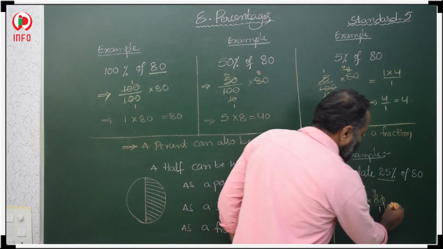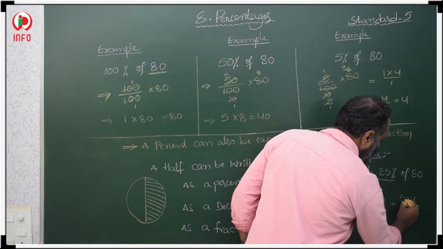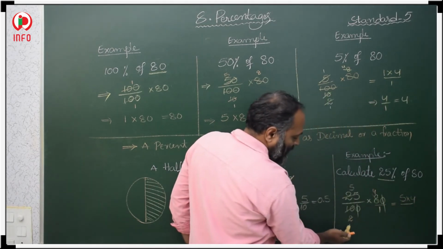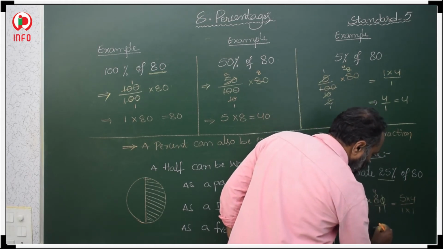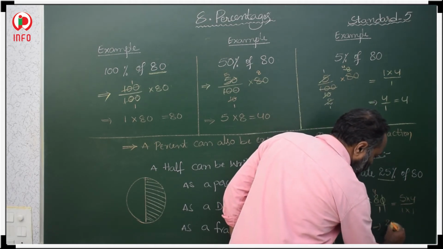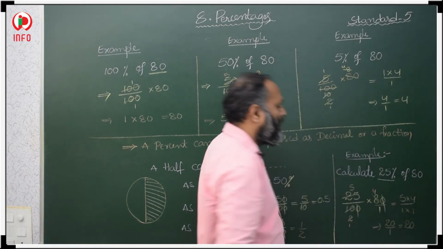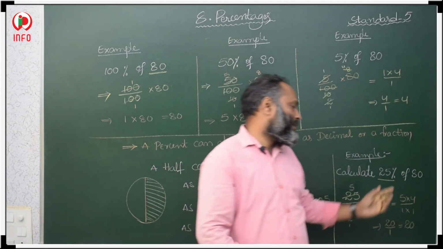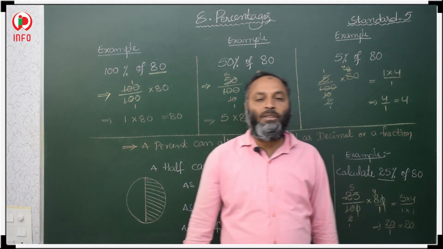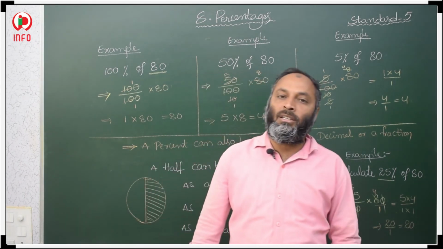Now what is left in the numerator? 5 into 4 by the denominator 1 into 1. 5 4s are 20, 20 by 1 means 20. In 80 grids, if you are asked to shade 25%, it means 20 grids we have to shade. How many grids? 20 grids we have to shade. Okay.